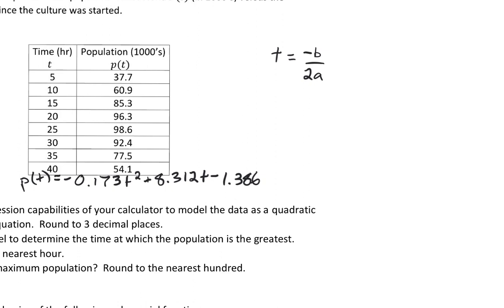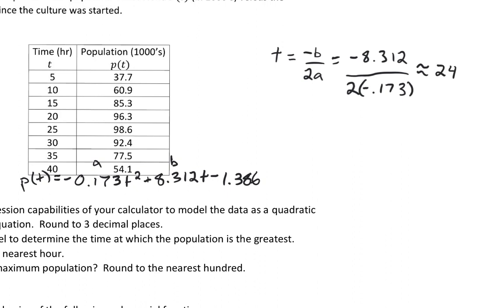So to do this, our a is that and our b is this. So this is just negative 8.312 divided by 2 times negative 0.173, and this is approximately 24.